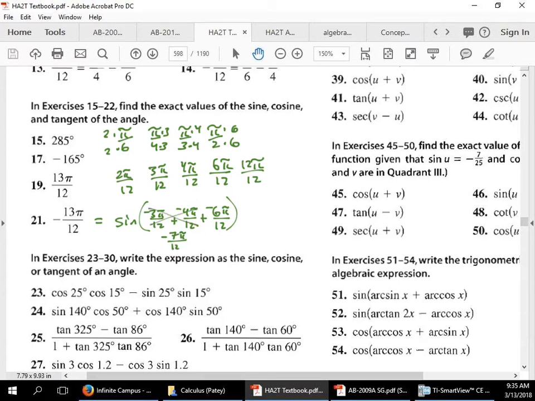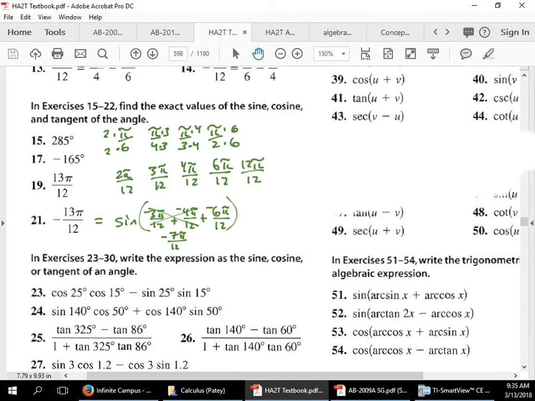I would do all my work with these two right here. Now the problem is you're not going to know this one. You're going to have to do even more sum angle formulas to find it. This looks like beast mode.